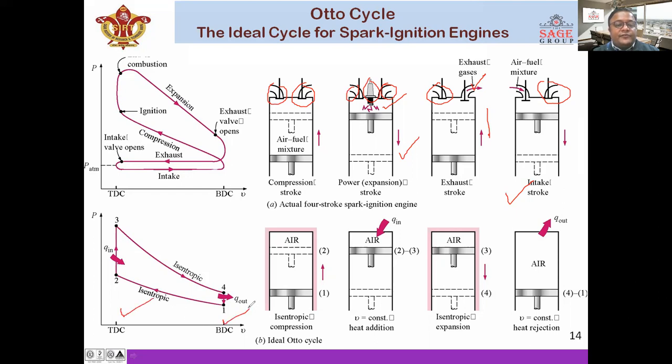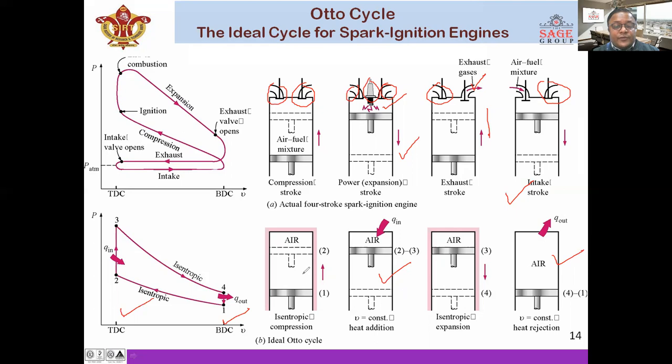This is the BDC condition where the piston is at the bottom dead center. So where is the heat supplied and where is the heat rejected? Heat is supplied in the constant volume heat addition, the 2 to 3 process. In 4 to 1 the heat is rejected, which is also a constant volume heat rejection process.